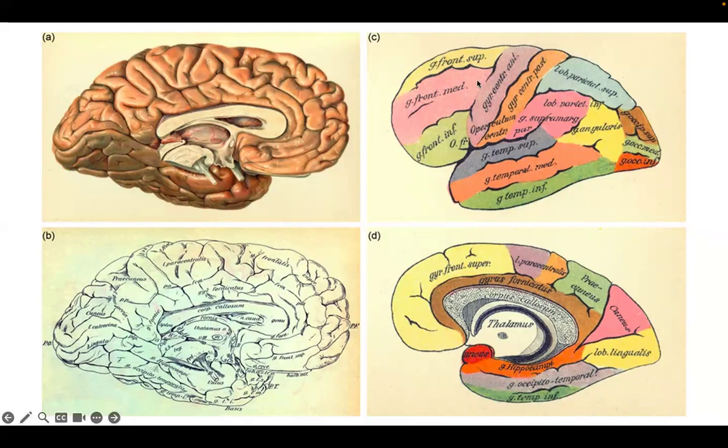So the frontal lobe has different parts. You can see it has a motor strip, which is the precentral gyrus. This is the central sulcus here. It's the most prominent line on the superolateral aspect of the cerebral cortex.